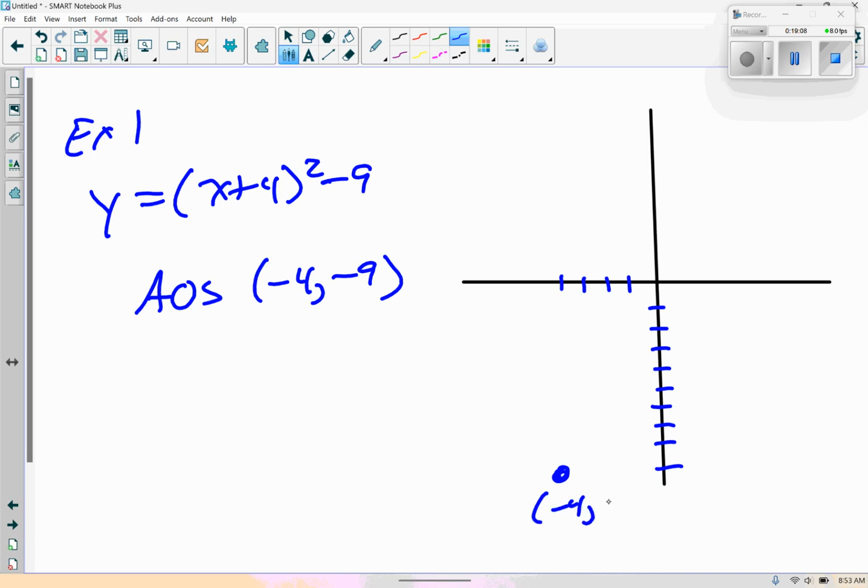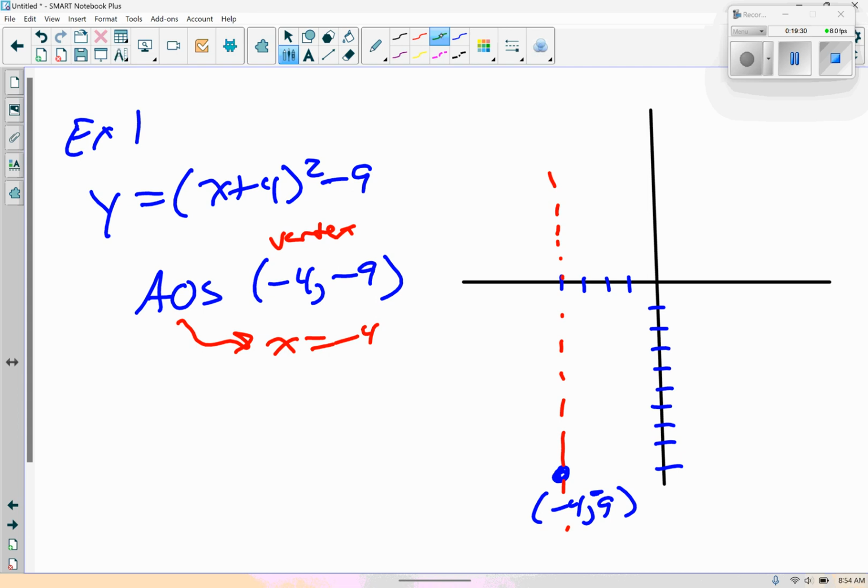So there is that value. All right, so, oops, this was the vertex. I'm sorry. The axis of symmetry is actually x equals -4, which comes right straight down like that.